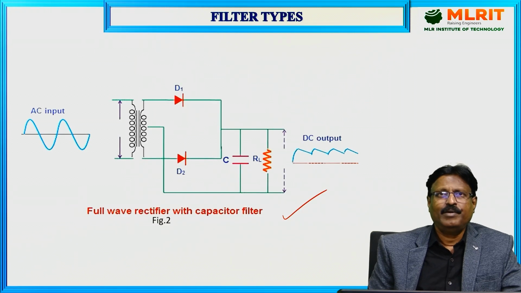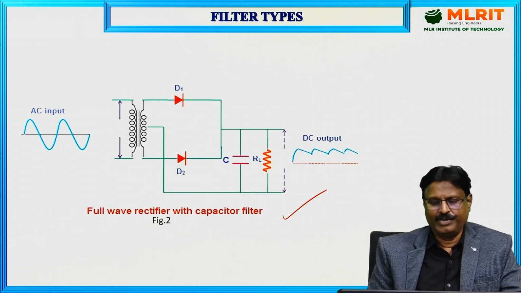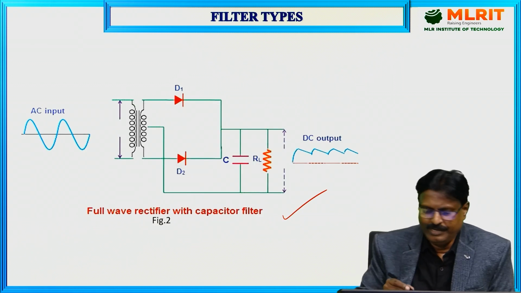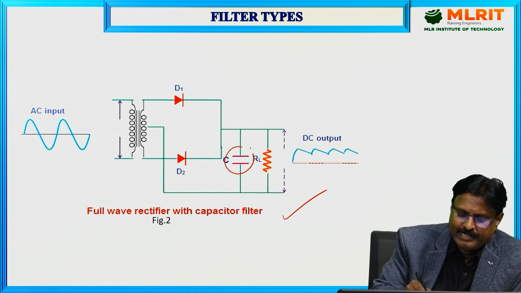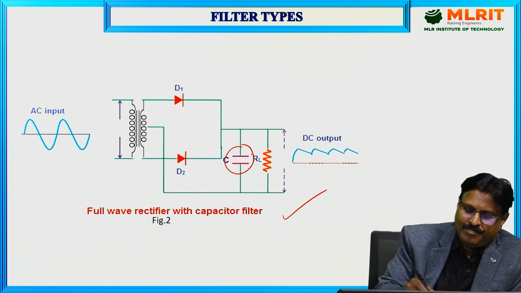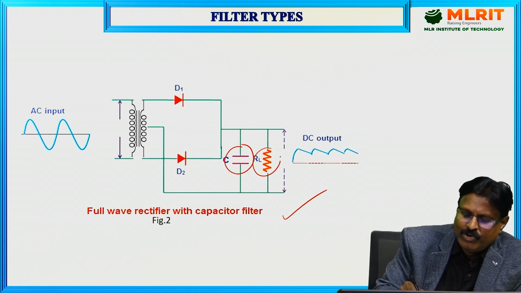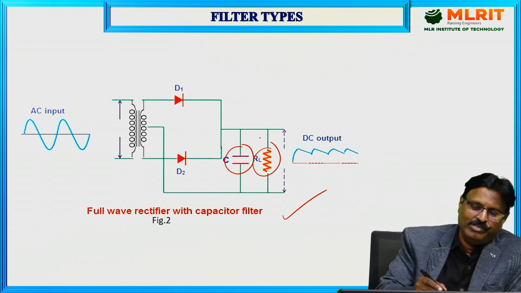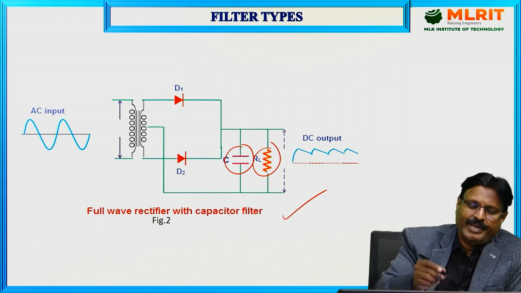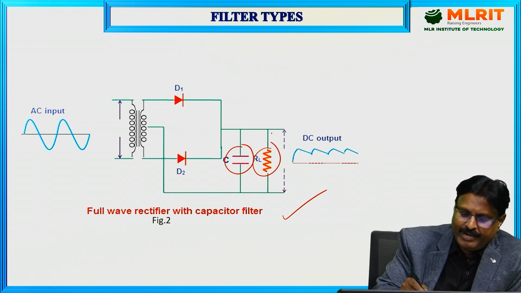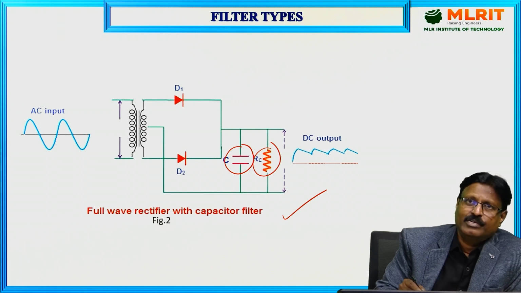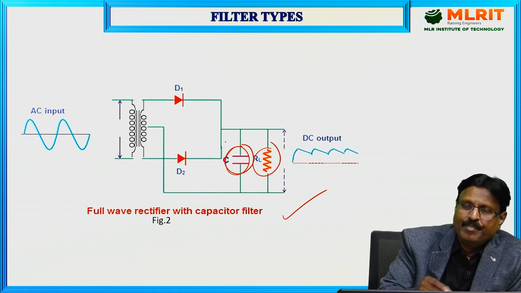Let us discuss the first type, the capacitive filter. If you observe the circuit here, a capacitor is placed in parallel with the load resistance RL. This circuit is nothing but a full wave rectifier, and RL is the load resistor across which I am connecting a capacitive filter.